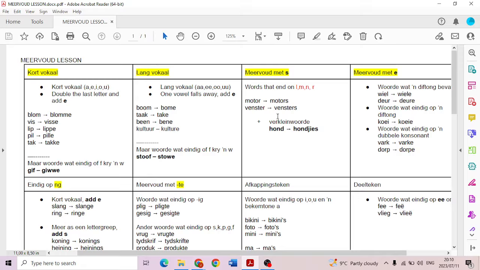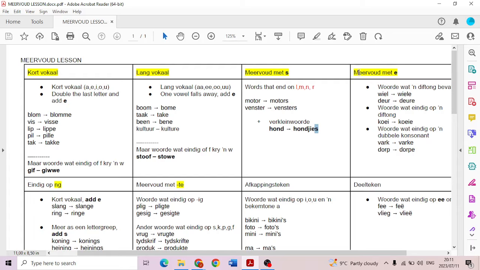Okay, then another reason why a word would get an S is if it's a verkleinwoord. So as you know, verkleinwoord is like saying hond becomes hondjie, for example, then it will also get this S here at the end if it's plural of hond. I hope that makes sense.